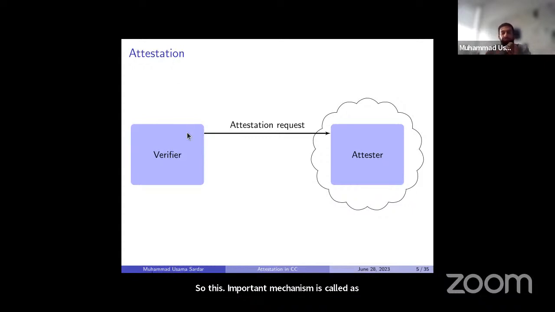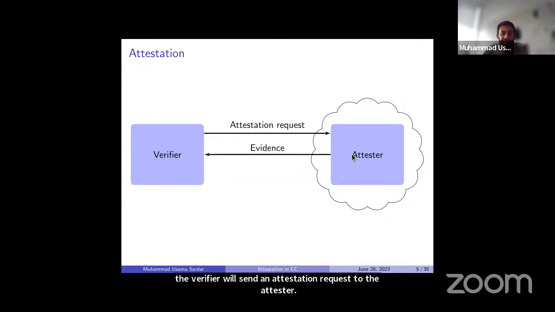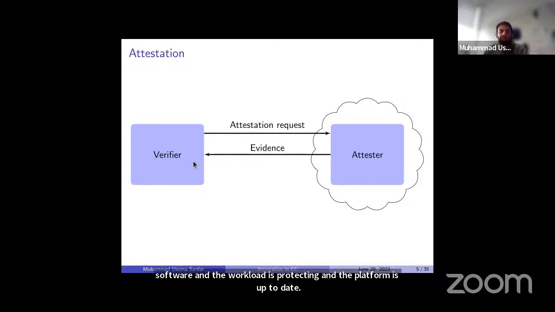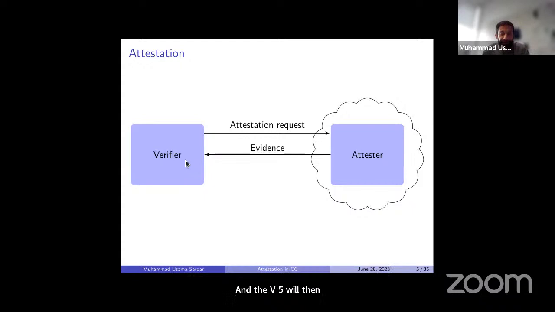A very high level idea of this mechanism is that the verifier will send an attestation request to the attester, all the entities combined together. The attester will generate evidence which will contain its claims, some proofs to show the verifier that it's running the latest software, the workload is protected, and the platform is up to date. The verifier will then verify that evidence.